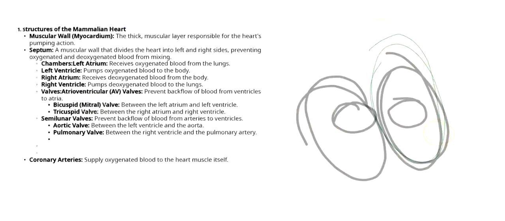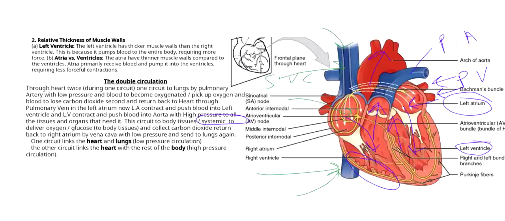The left ventricle creates more pressure, so its wall is thick, and the right wall is thin. The function of the tricuspid and bicuspid valves I told you, and the whole circulation I will explain in the next topic.